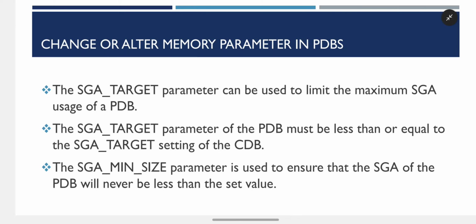The SGA_target parameter of the PDB must be less than or equal to the SGA_target setting of the CDB. The SGA minimum size, meaning the SGA_min_size parameter, is used to ensure that the SGA of the PDB will never be less than the set value.